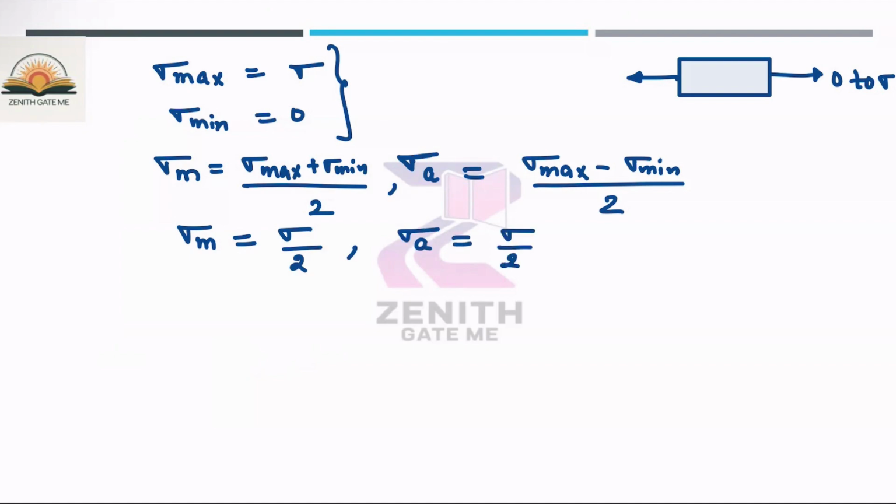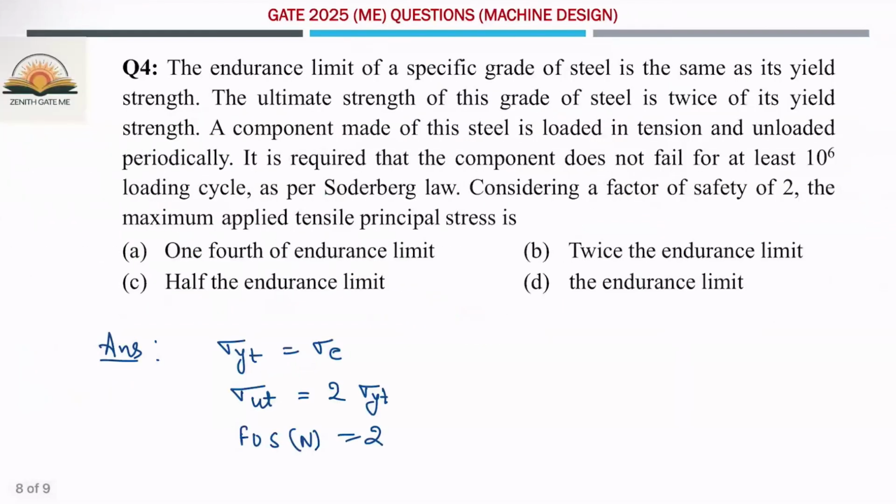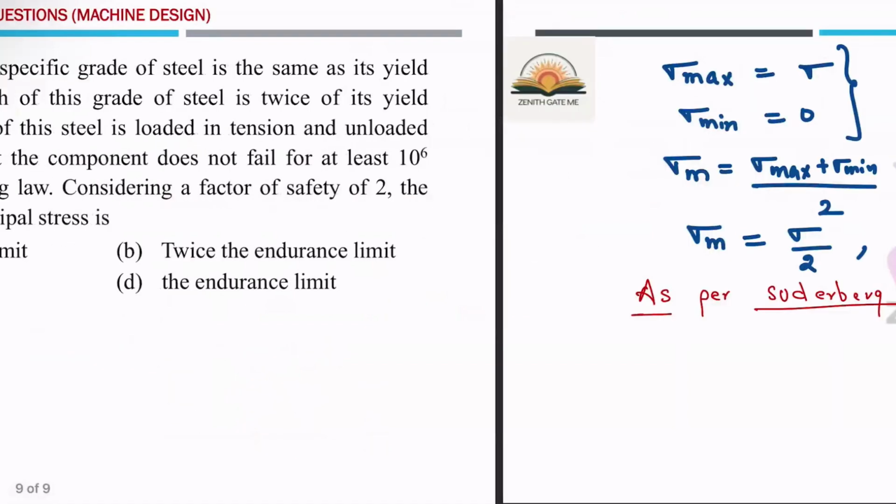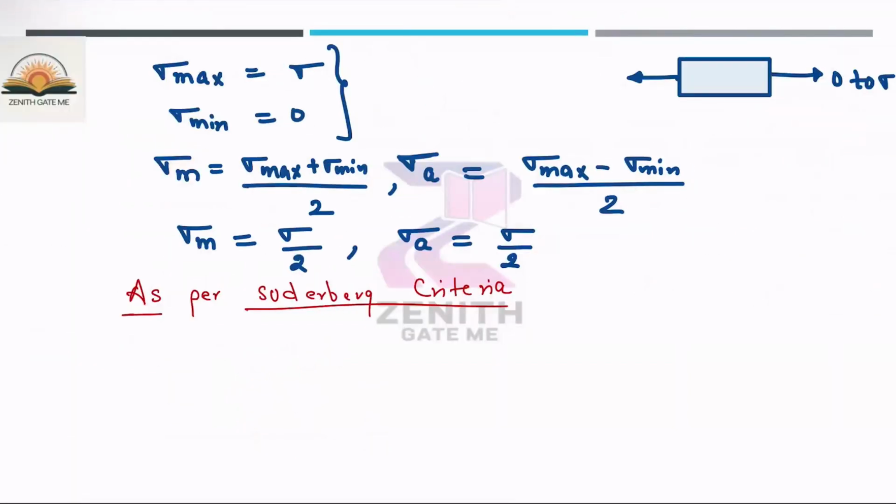Now, as per the Soderberg criteria, because it was mentioned that you have to use the Soderberg law. Okay, as per the Soderberg criteria, the equation is the stress amplitude divided by the endurance limit plus mean stress divided by the yield tensile strength is equal to 1 by n, where n is the factor of safety. Now, what is the stress amplitude?